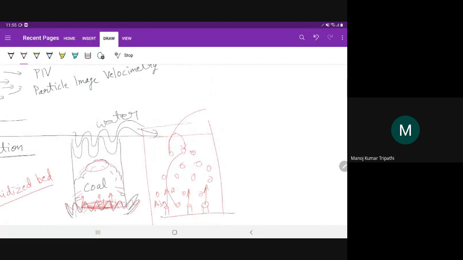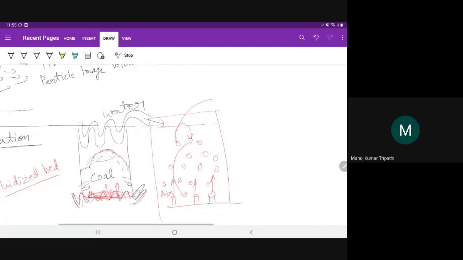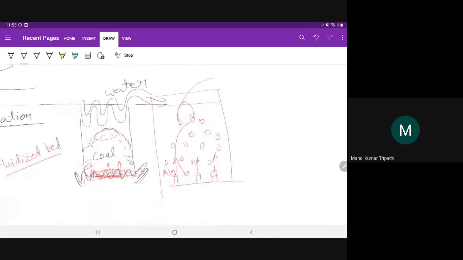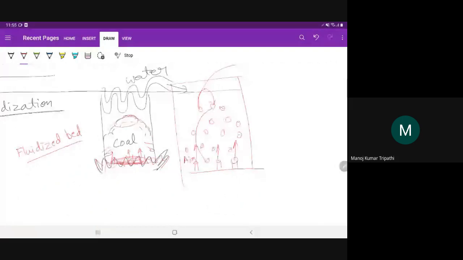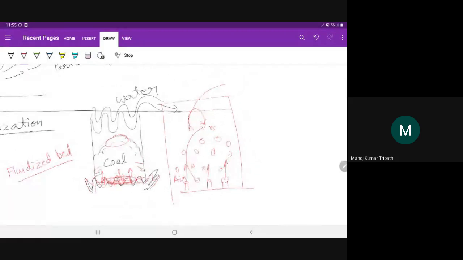If the container is closed, it's fine, you can go to infinite speeds. You cannot in practical terms, but still, whatever velocity you want, you can give if the container is closed. But if it is open, you want the coal particles to go up and then come back. Otherwise, there is no meaning of fluidization. You will lose coal.